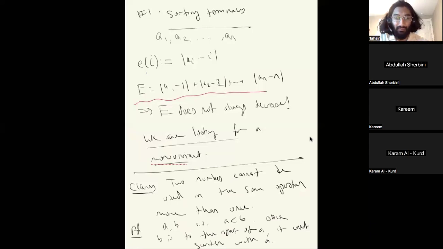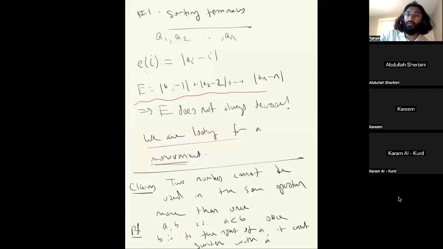This is something you need to convince yourself of, but does it make sense? Are you guys convinced of this statement? Abdullah, Karam, does it make sense what the statement is? What are A and B? Yeah, sure.